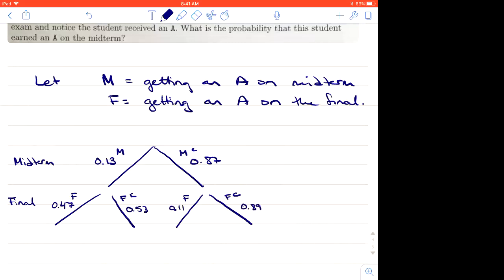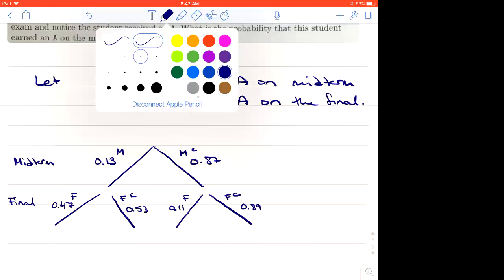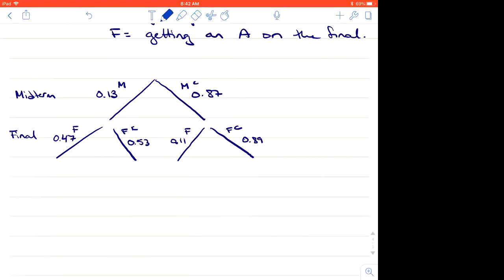Okay. So these probabilities in the second layer are conditional probabilities. So the probability of getting an A on the final, given that they got an A on the midterm, and not getting an A on the final, given that they got an A on the midterm. So these probabilities are all conditional probabilities. Okay. I'll zoom in on this one.